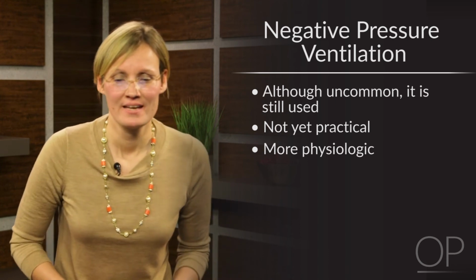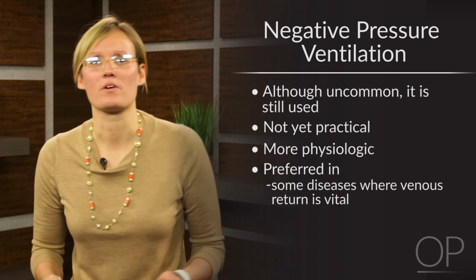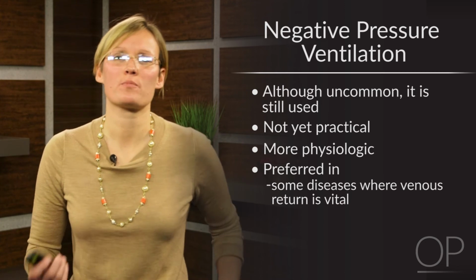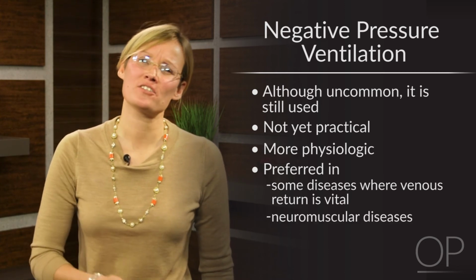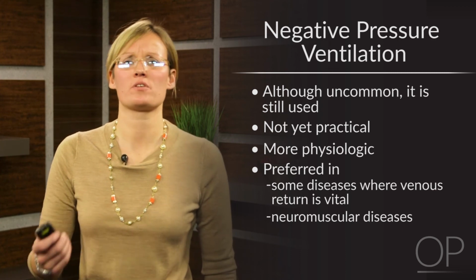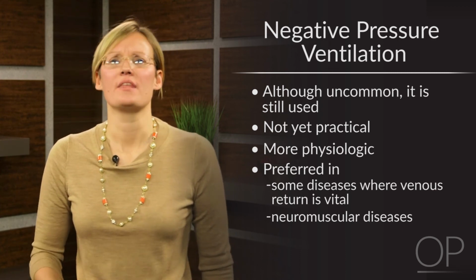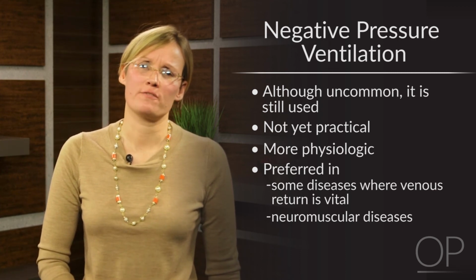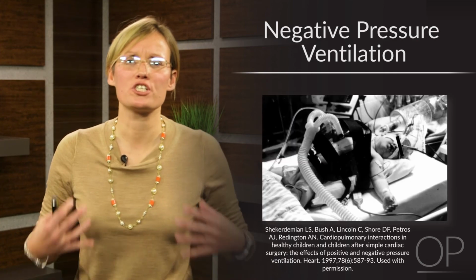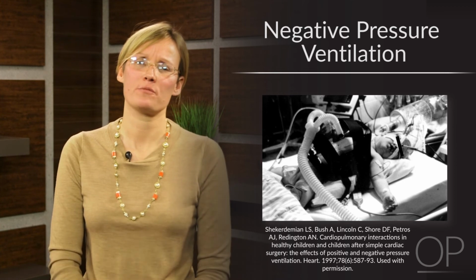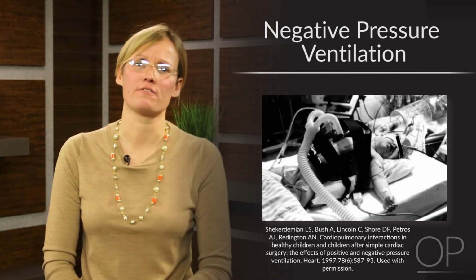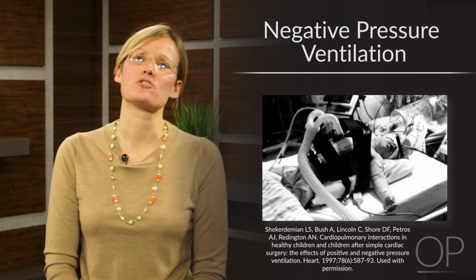It does, however, depend on what goal you're trying to accomplish. So it is preferred in some diseases where venous return is vital, and it is preferred in neuromuscular diseases. Because you can imagine, not just in terms of physiology, but in terms of relative patient comfort, the negative pressure ventilator that has been developed is actually a shell, a cuirass that fits over the chest, and it doesn't involve a mouthpiece or a facial interface that could potentially be distressing to a patient.